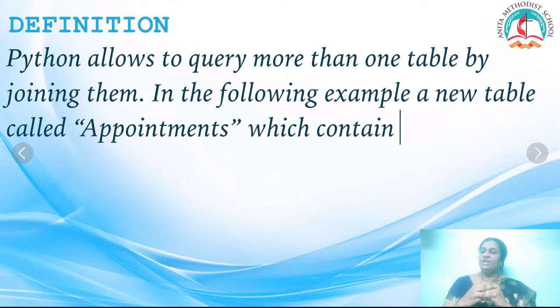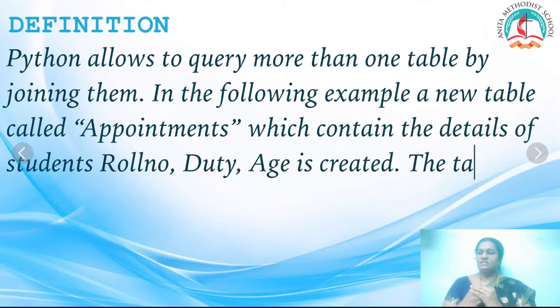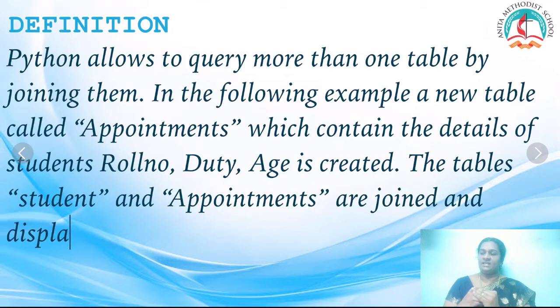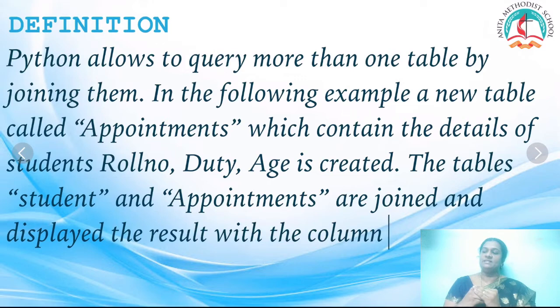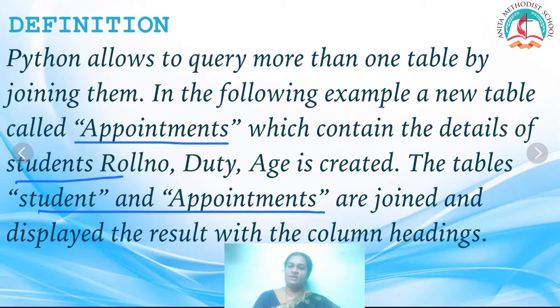In the following example, a new table called appointment, which contains the details of roll number, duty, age, is created. The tables student and appointment are joined and the result is displayed with the column heading. You see here there are 2 tables. One is appointment and another one is student. Okay, these both tables are joined together and it is displaying the output.